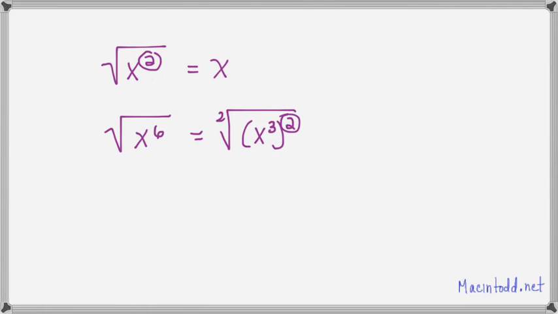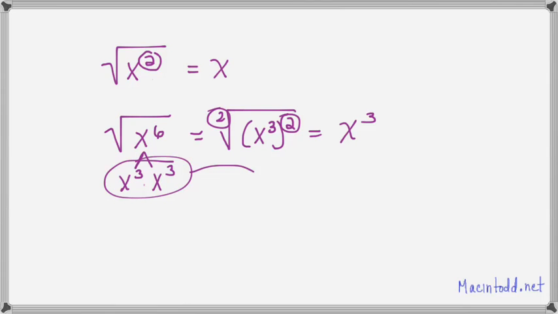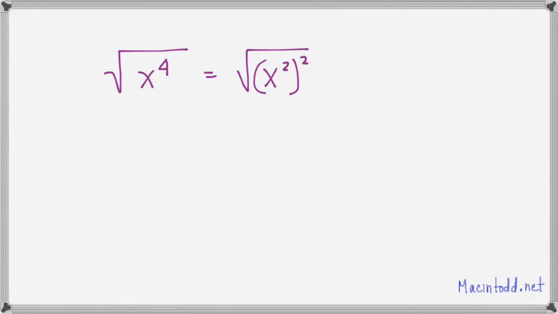That 2 matches the 2 out here, and so our answer is just x cubed. In other words, x cubed times x cubed is x to the 6th, so its square root is just x cubed. Let's do square root of x to the 4th. That's the square root of an x squared squared. This 2 matches this 2, and so our answer is just x squared.